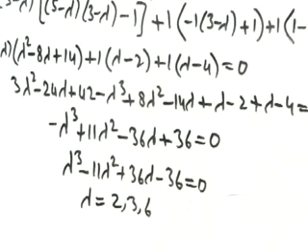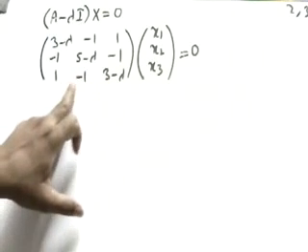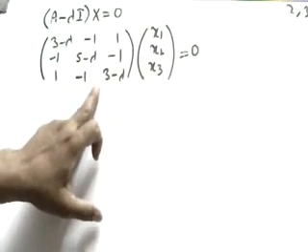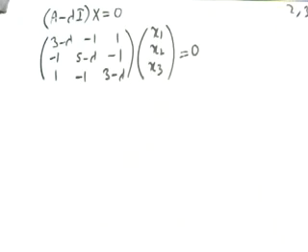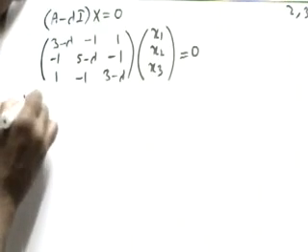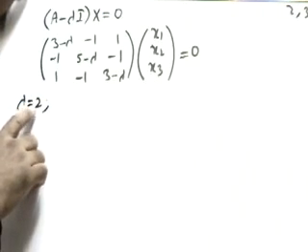Now let me find the eigenvectors. Now see here, to find the vectors we use A minus lambda I into X equals to 0. A minus lambda I, I already wrote this one, into x1 x2 x3 equals to 0. First let me take lambda equals to 2. We are having three values, lambda equals to 2, 3, 6, one after one.